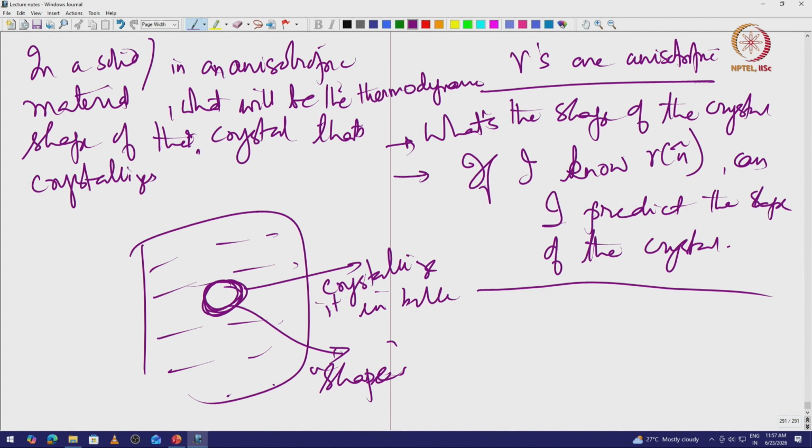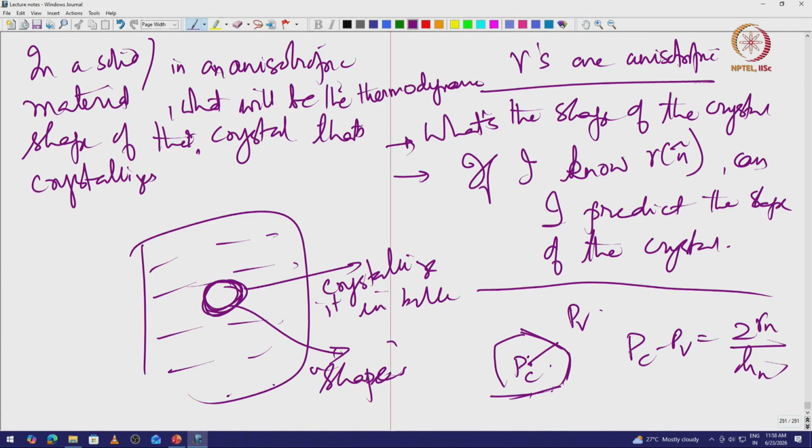In an anisotropic crystal also they should correspond, because effectively I have a crystal with some facets, but that crystal has an internal pressure that is greater than the external pressure, and Pc minus Pv is 2 times gamma n, depending on which facet I am looking at, divided by Hn.